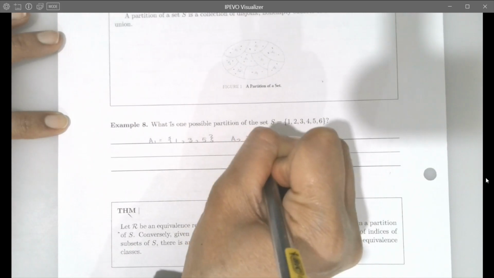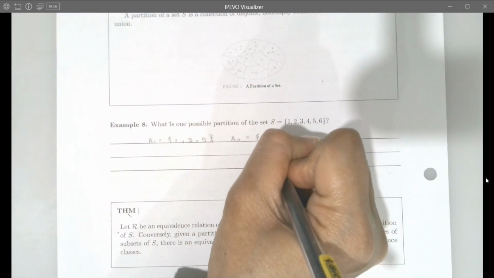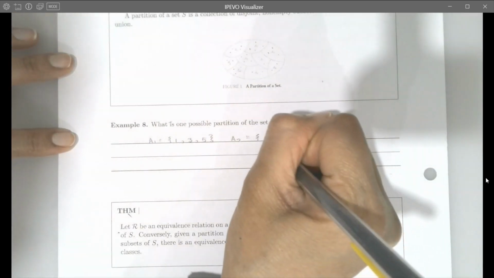One possibility could be, for instance, having a set, let's call it A1, that contains the elements 1, 3, 5. Another set, we'll call it A2, that contains the elements 2, 4. And the final set, we'll call it A3, that contains the element 6.